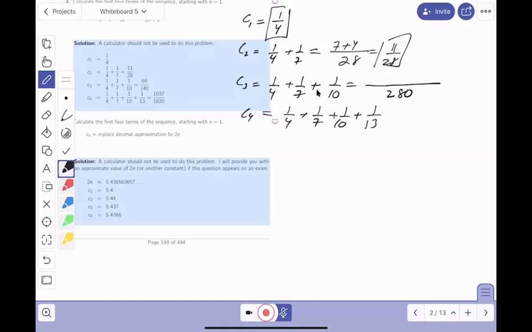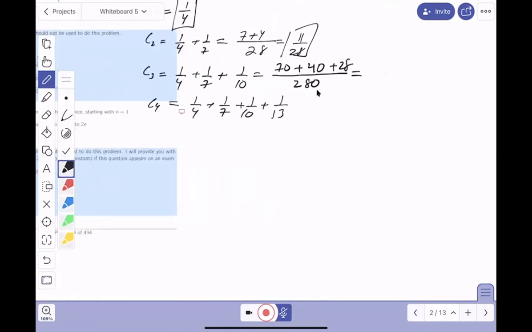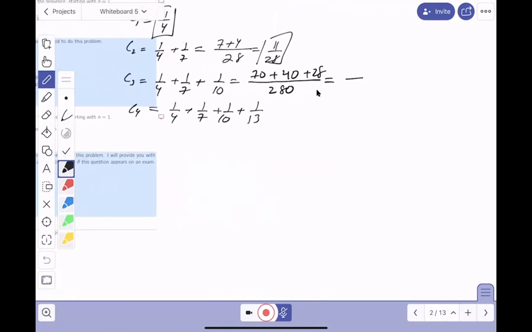Let's do that arithmetic now. What times 4 would give you 280? 140, 70. Plus 40 plus 28. That's really terrible, isn't it? Let's take a look at that. 280.